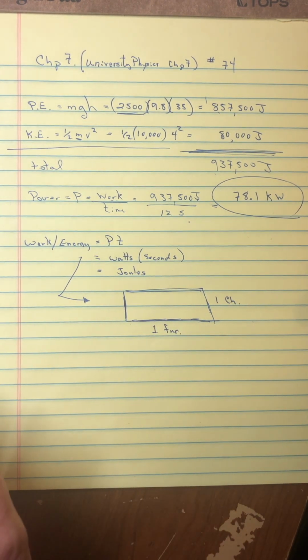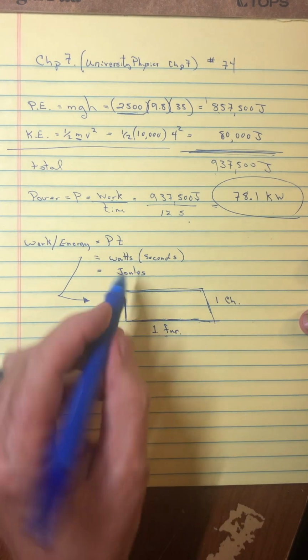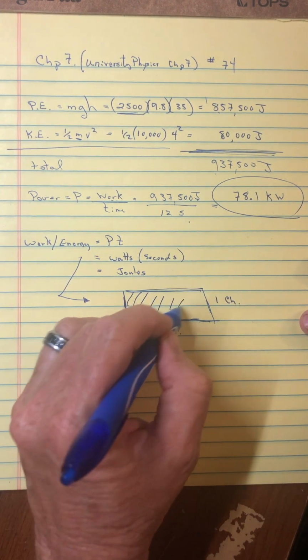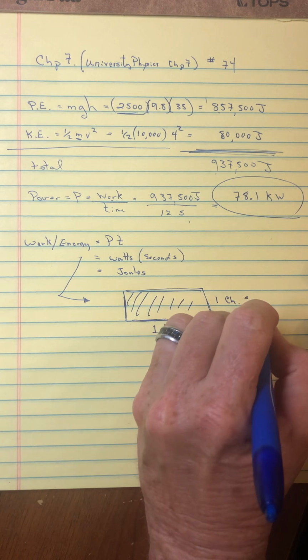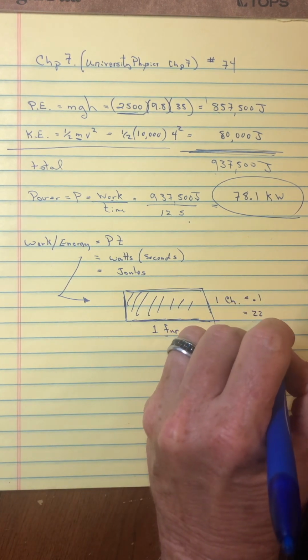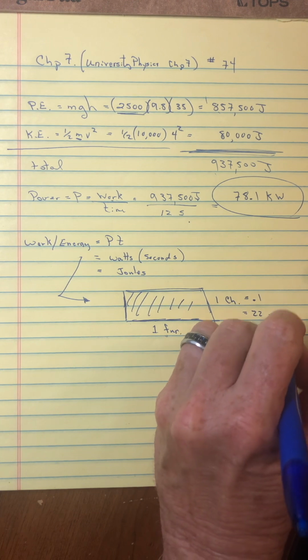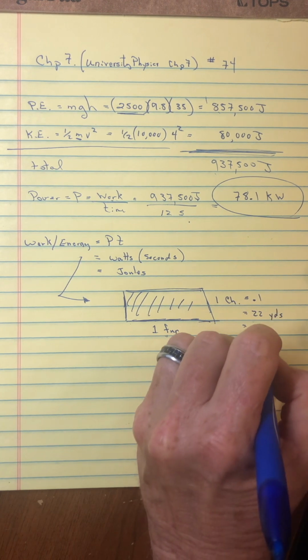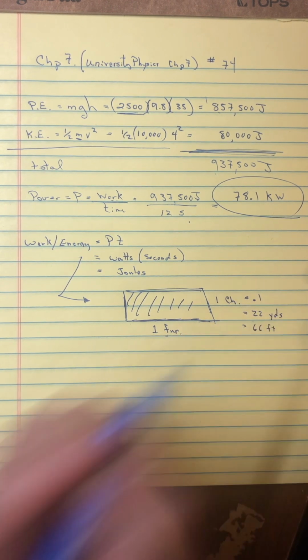Yeah. And nobody uses a chain or a furlong, although we use acres still quite a bit. So I guess this is a tenth of a mile, which makes it 22 yards, which makes it 66 feet.